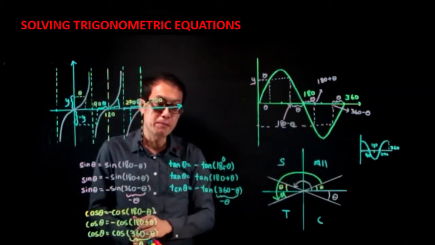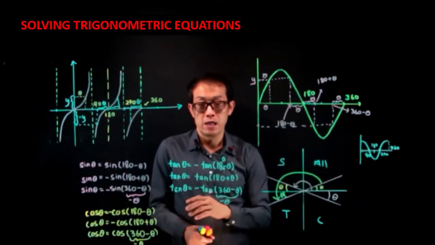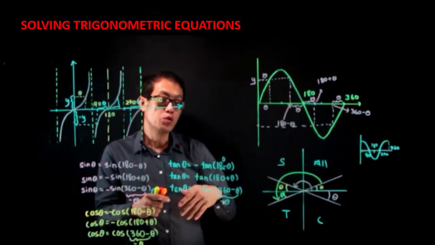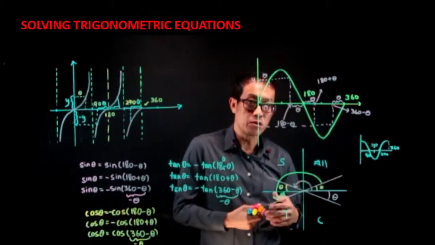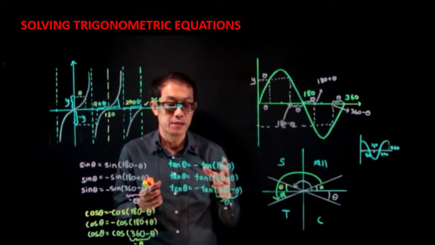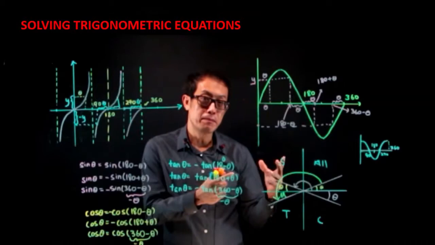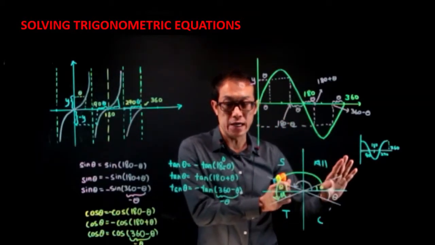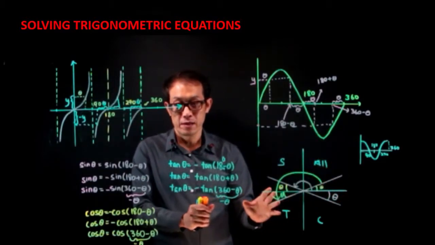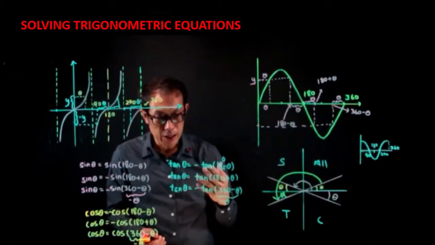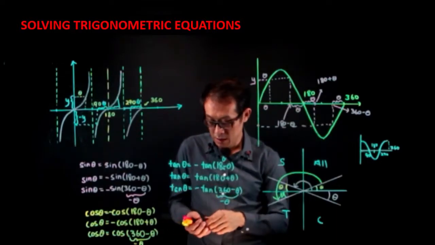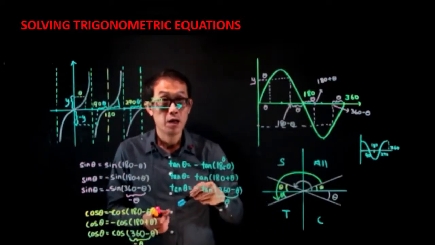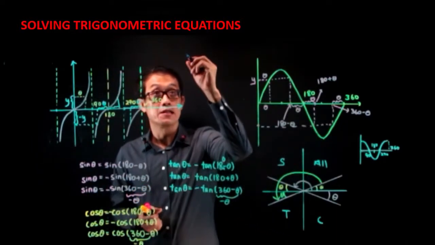Now when they have the same basic angle and you apply a trig function to them, you realize that they have the same magnitude. That means if we take away the sign, the value is the same. Let's say theta is 30.